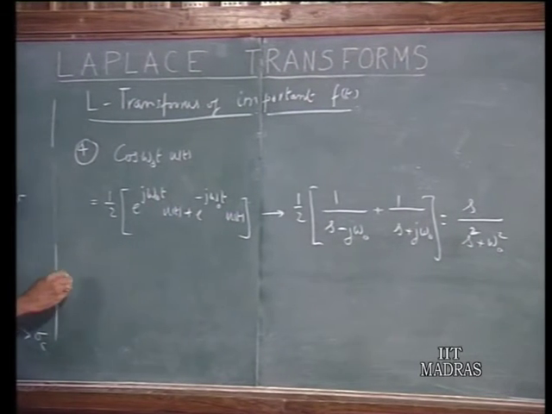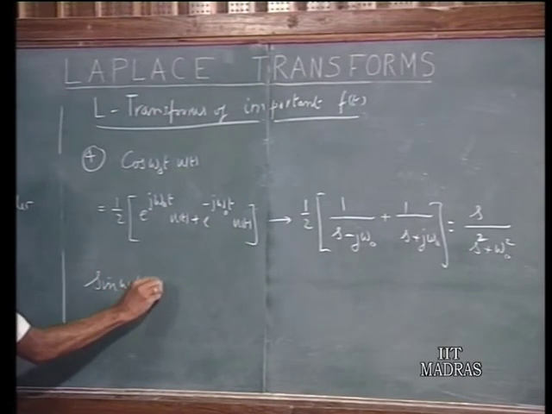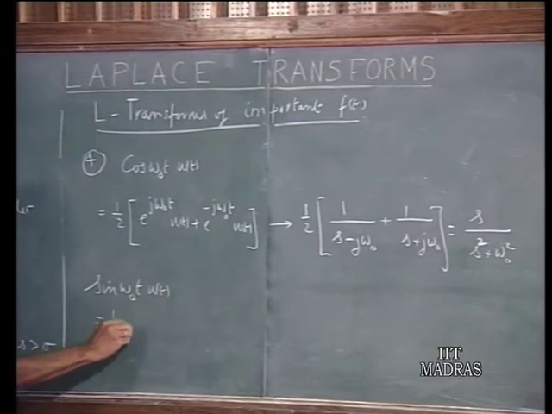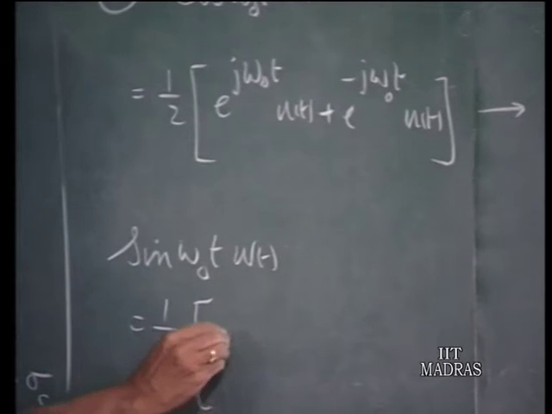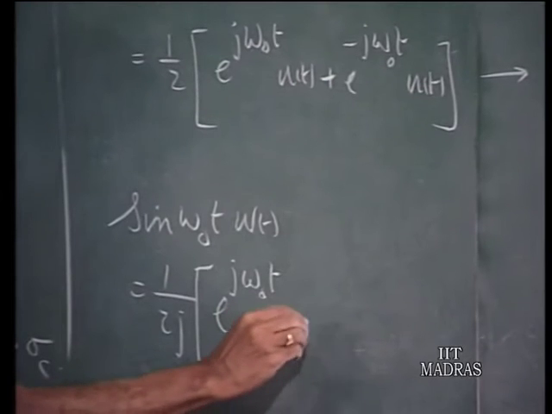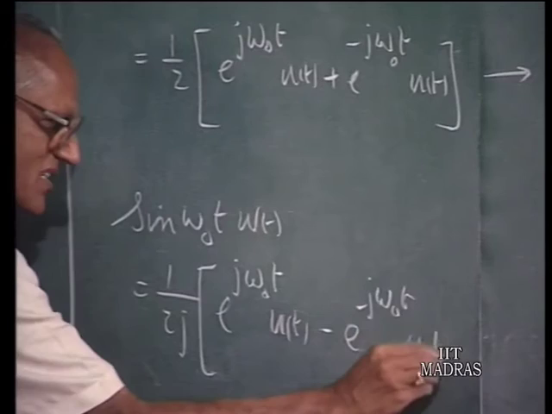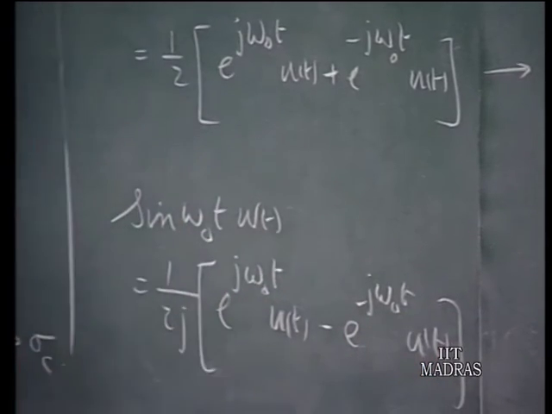In a similar fashion, if you find out the Laplace transformation of sin omega naught t u(t) as 1 over 2j times e to the power of j omega naught t u(t) minus e to the power of minus j omega naught t u(t), that is after all how the sine function can be described.